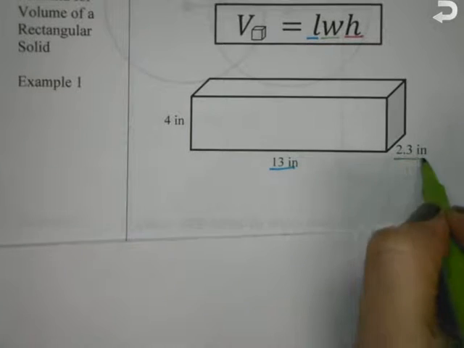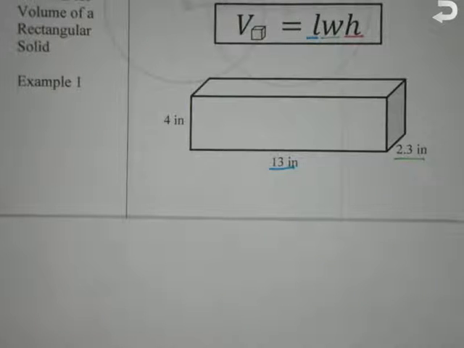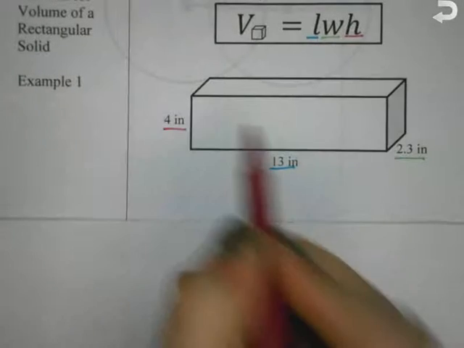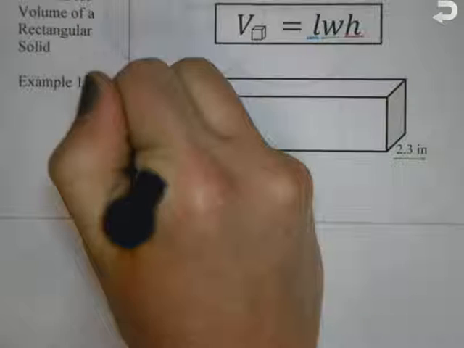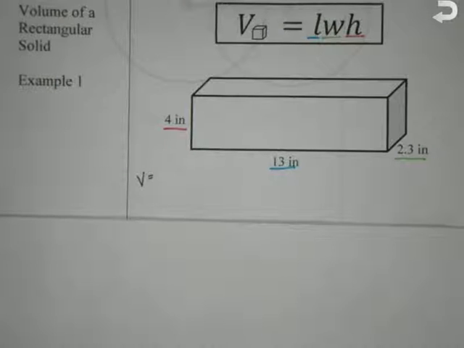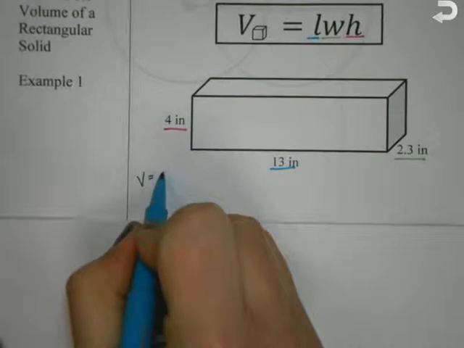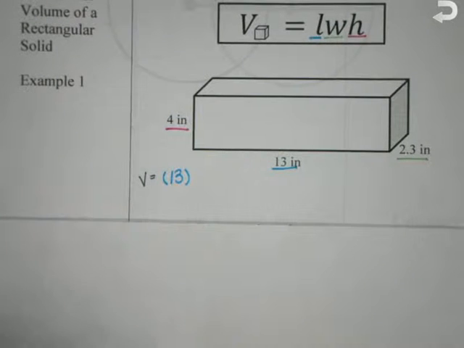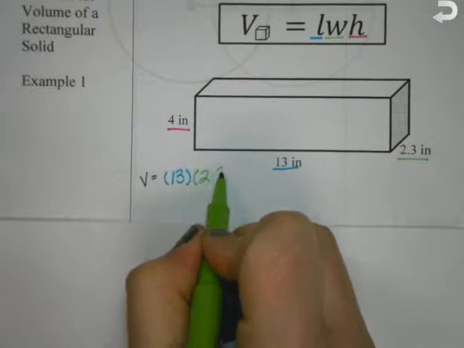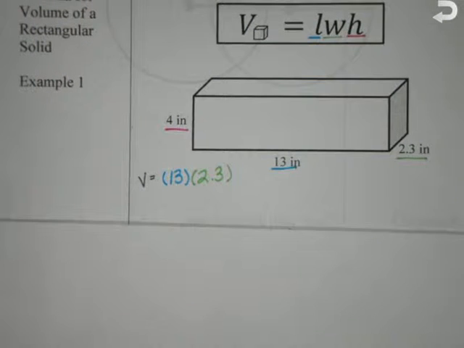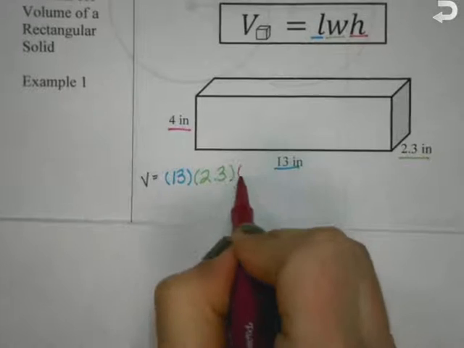So let's write all of that out. We have volume equals length, which is 13, times width, which is 2.3, times height, which is 4. Okay, now that it's easy, we just multiply everything together.